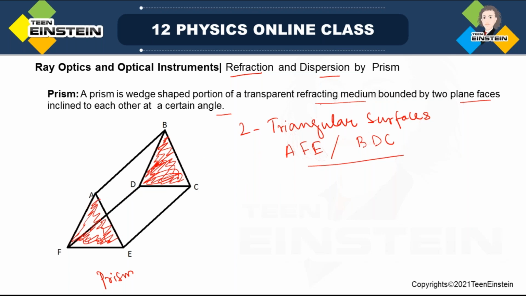So the two main surfaces through which refraction or dispersion happens are these two surfaces. We said that there are two plane surfaces or faces inclined to each other.